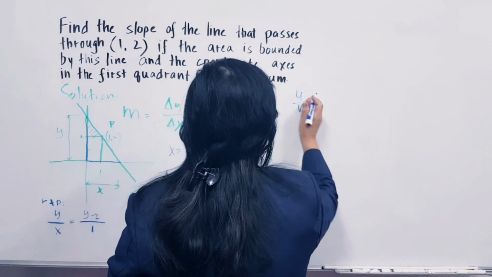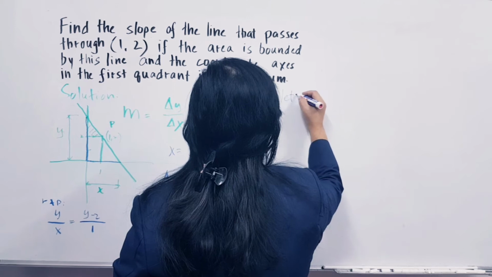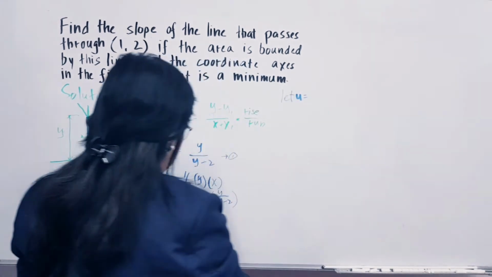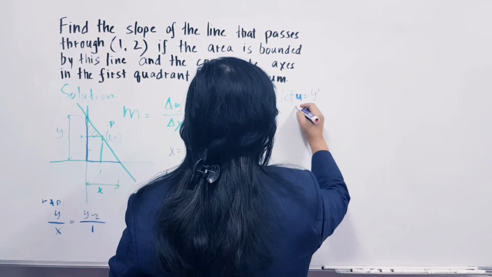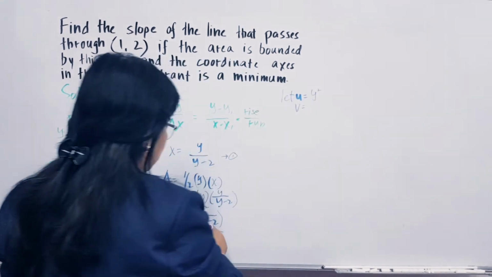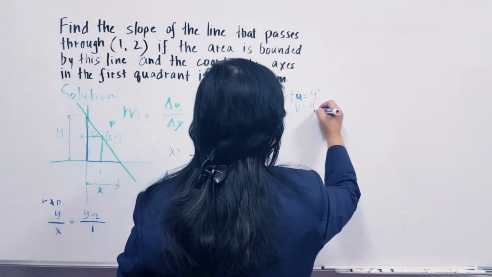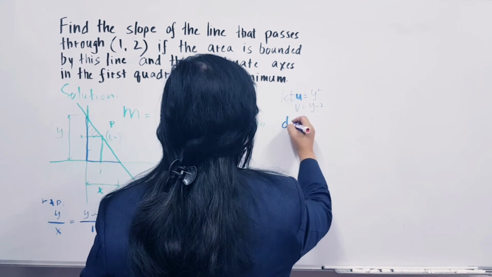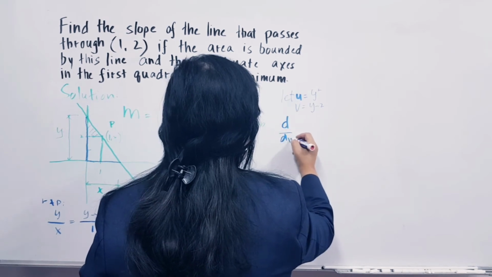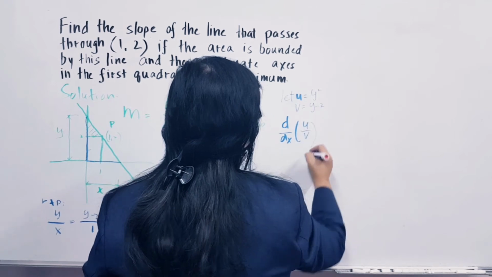So if we let u be equal to y squared and v be equal to y minus 2, in mathematics we have this formula for the derivative of u over v with respect to x.